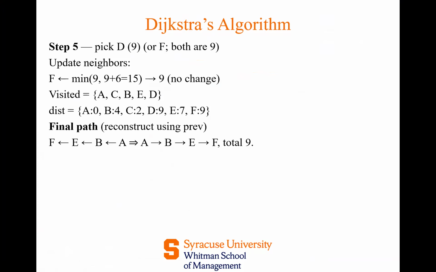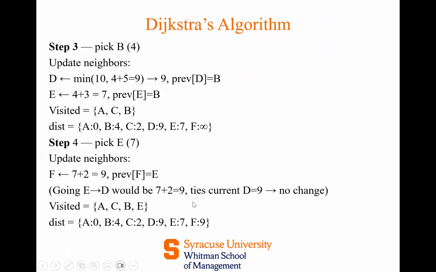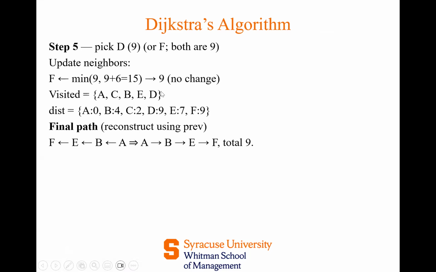So then I will only update F. So currently, previous step F was 9, and now 9 versus the cost of D, 9, plus edge cost of 6, 15. So 9 is cheaper. So no change. I don't need to update anything. And so far we visited everything but F. And the distance is nothing updated because again F did not change. That means that F will be the very end.